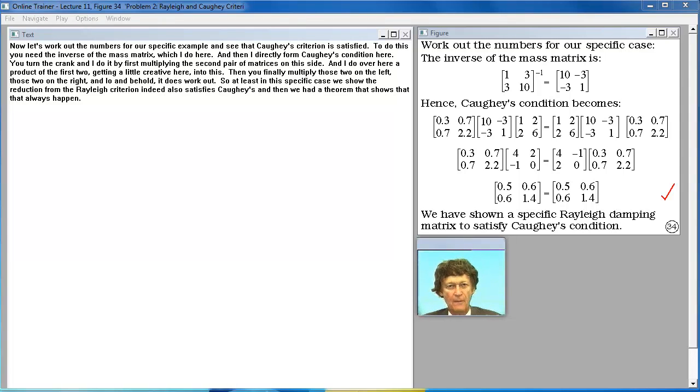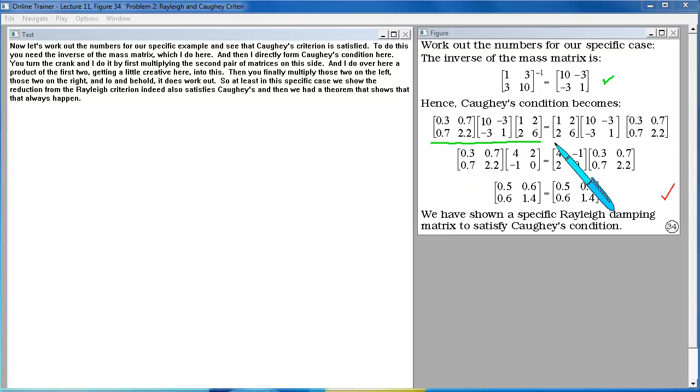Now let's work out the numbers for our specific example and see that Caughey's criterion is satisfied. To do this, you need the inverse of the mass matrix, which I do here, and then I directly form Caughey's condition here. You turn the crank, and I do it by first multiplying the second pair of matrices on this side, and I do over here a product of the first two, getting a little creative here, into this.